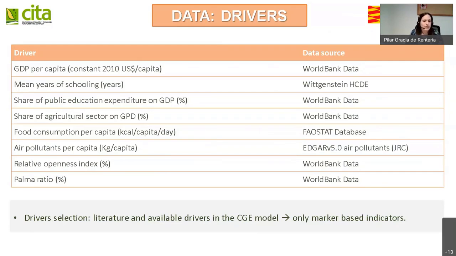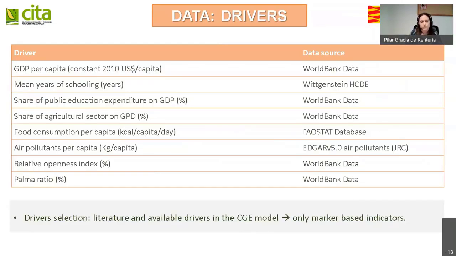And finally, the per capita GDP variable and the food consumption variable are also introduced in the econometric models in quadratic form when its effect is shown as statistically significant, in order to capture the different effect that these drivers can have for different values of the variable.